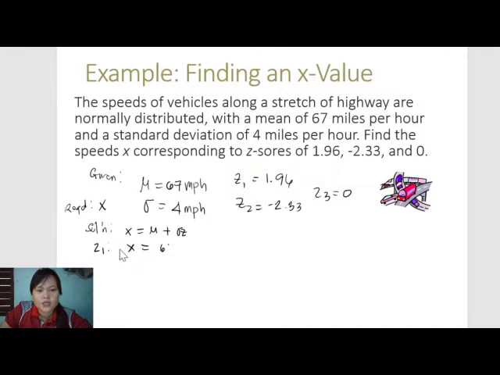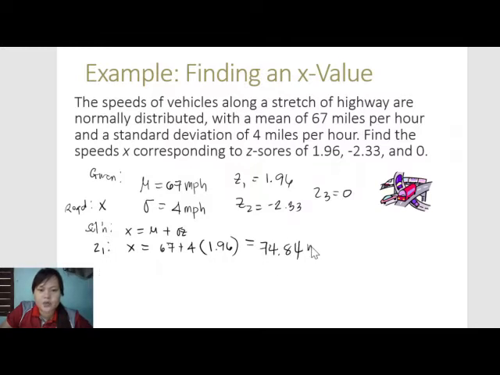Okay, so x ng z1, so 67 plus 4 times 1.96. Okay, so that would be 74.84.